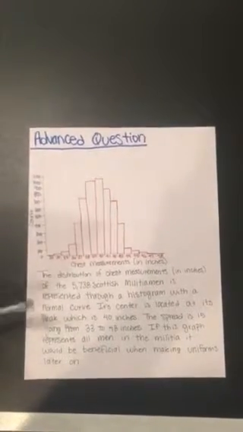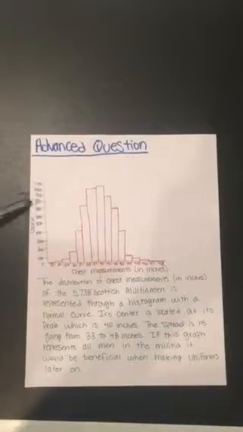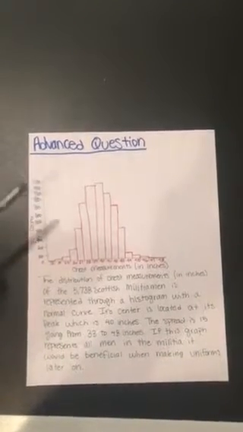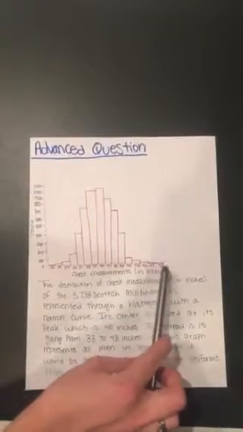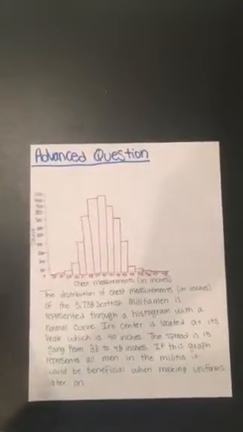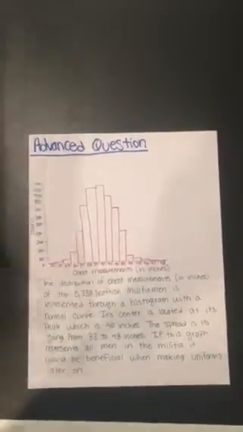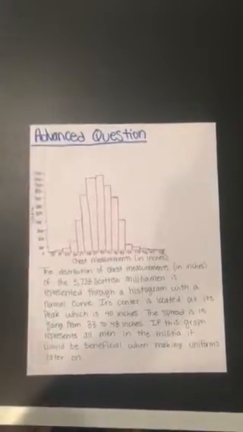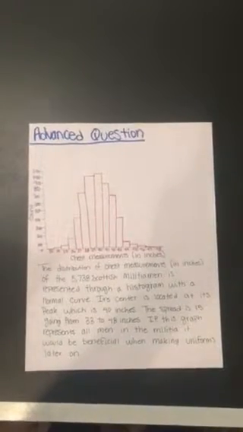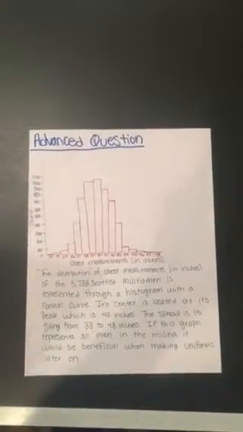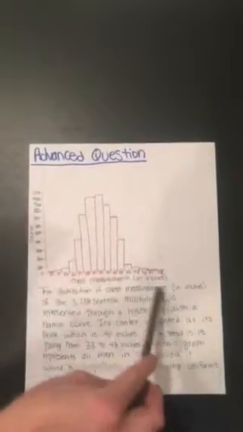Here's my histogram. I went up by 100s on the y-axis, and then I just plotted the different measurements on the x-axis. To answer this question, remember SOX. The distribution of the chest measurements of these 5,738 Scottish militiamen is shown through the normal curve.